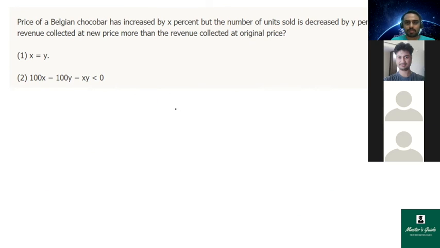I would say you are given price and quantity. So you take the variable p for price and q for quantity. If it has increased by x%, you can write p into 1 plus x by 100. I think that is clear. And if there is a percentage decrease, you can write it as q into 1 minus y by 100.